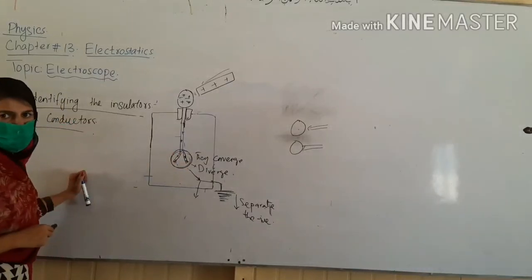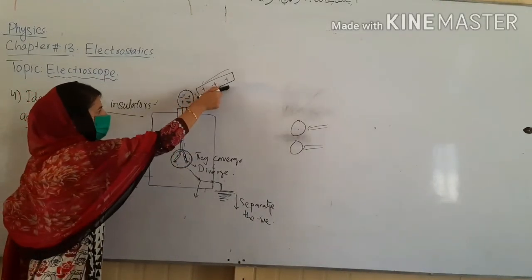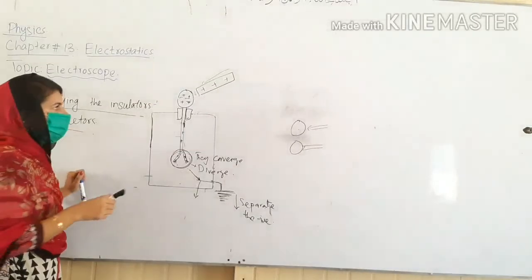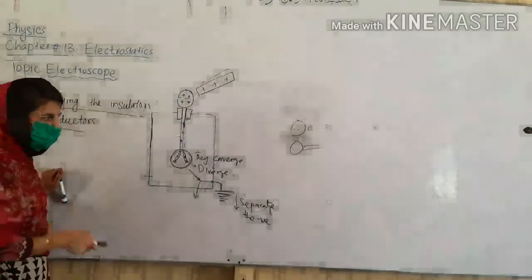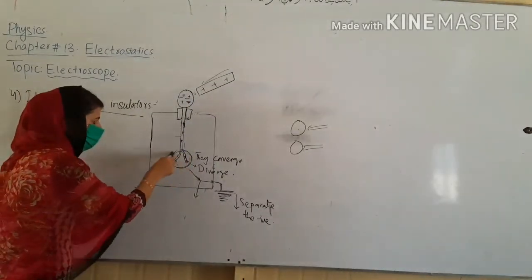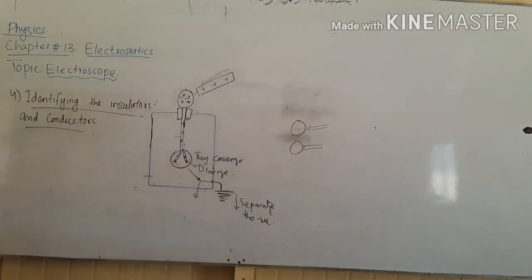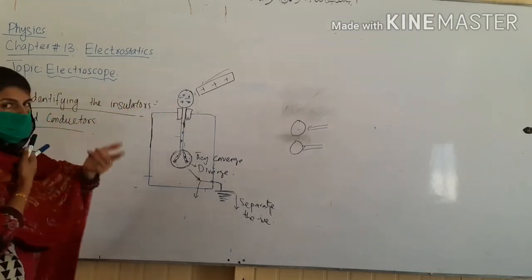Is it clear? And if it is a conductor, it means there are charges, electrons, on it, and obviously it will be attracted towards the positively charged electroscope, and it will change the behavior of the leaves. Leaves will change their direction. That's how you can say that a conductor is coming near the electroscope that is under testing.